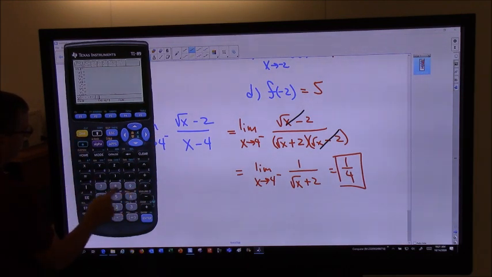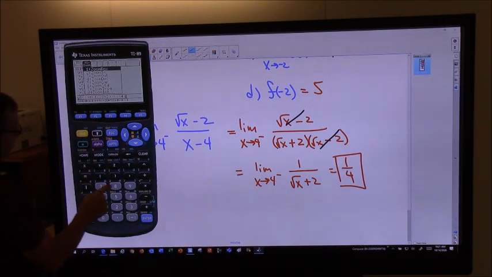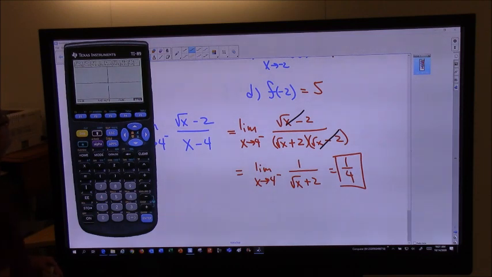So the square root of x minus 2, close the numerator, divided by, and I'll put the denominator in parentheses as well, x minus 4. Okay? And I'm going to go zoom option 4. And so we're getting close to 4, but we're getting close from the small side.